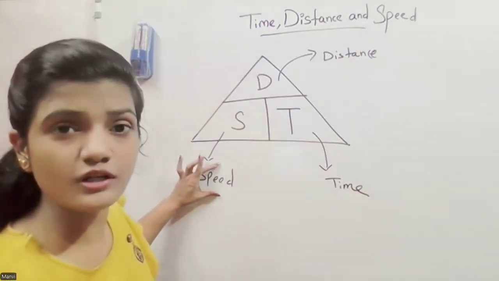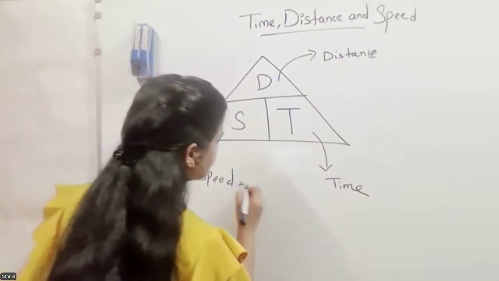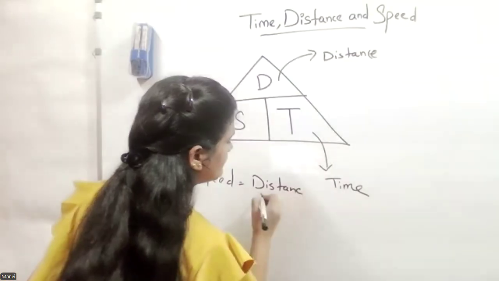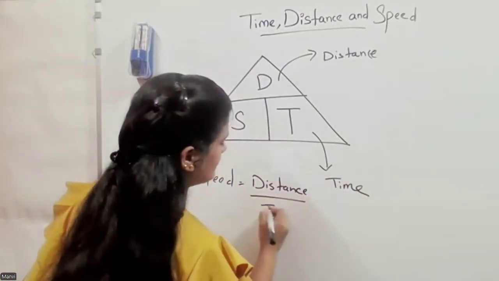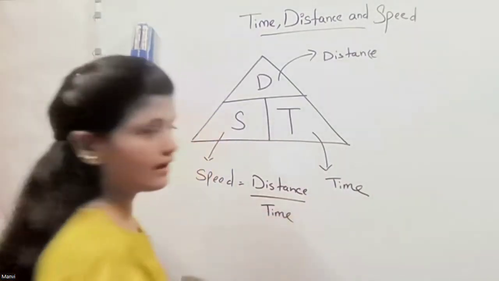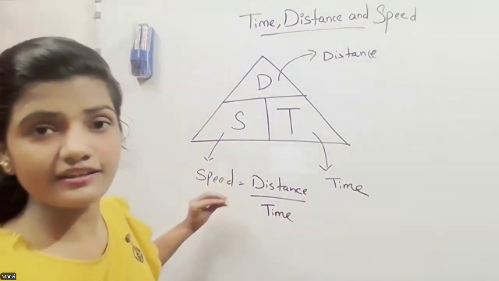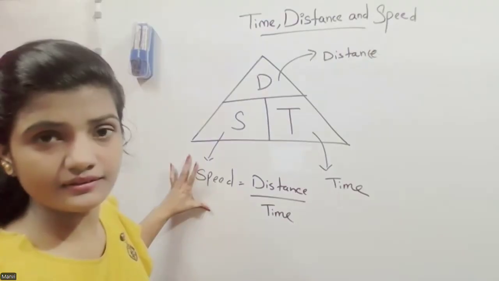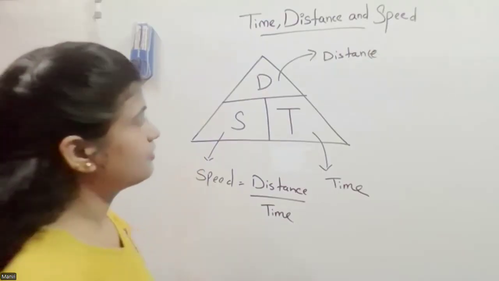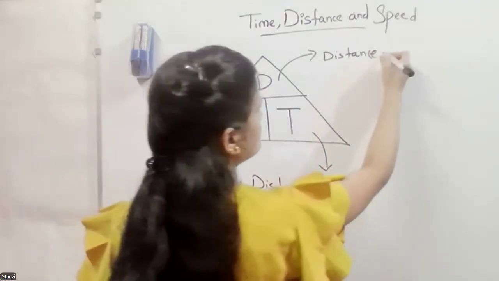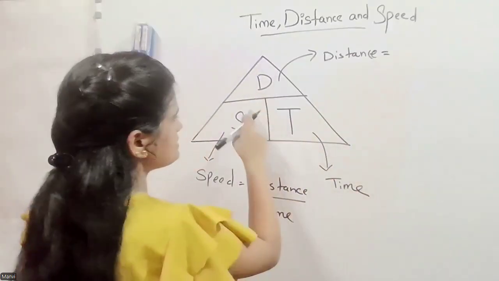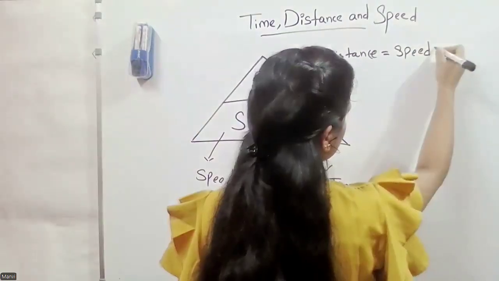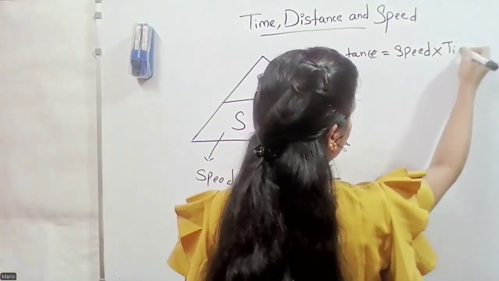So speed means what? How much distance is covered in a fixed time? We can say that is speed. Then what is distance? Distance equals speed times time.